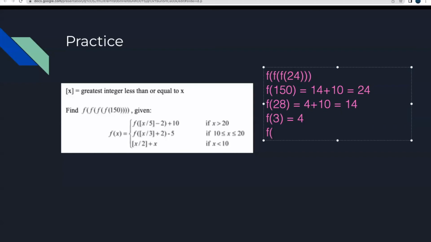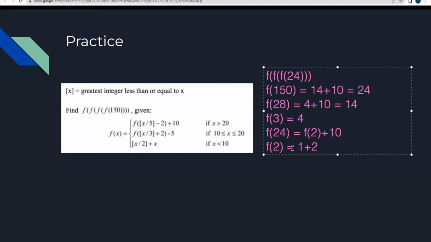Okay, so f of 24, back to this cycle, x is greater than 20, so we're going to take 24 divided by 5, minus 2, plus 10. 24 divided by 5, the floor of that is 4, so 4 minus 2 is 2, so we solve for f of 2 here. F of 2 is the floor of 2 divided by 2, plus 2.